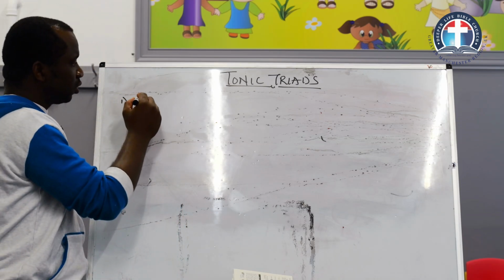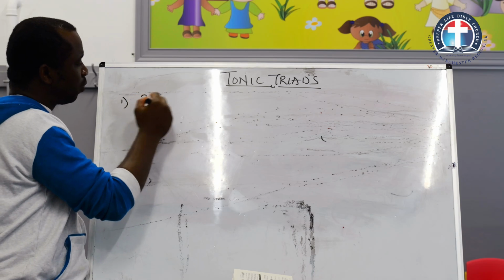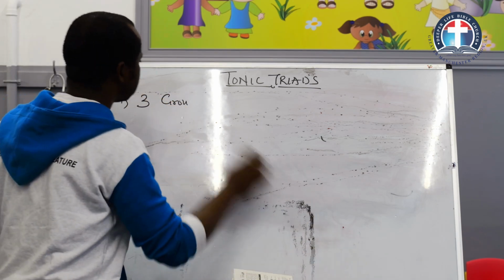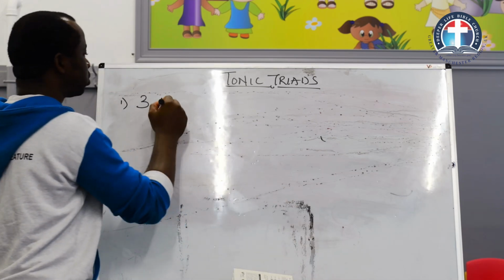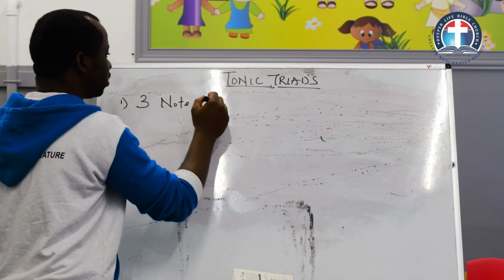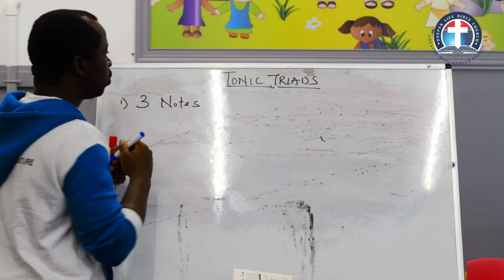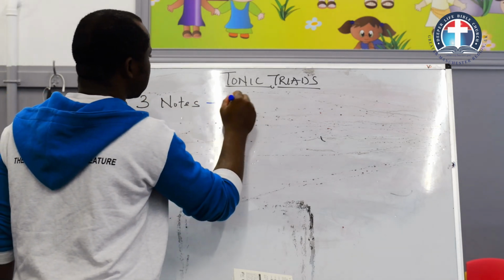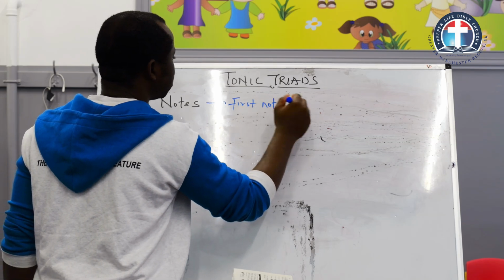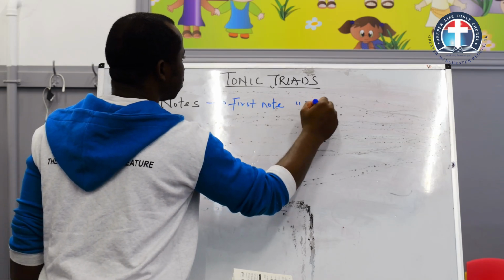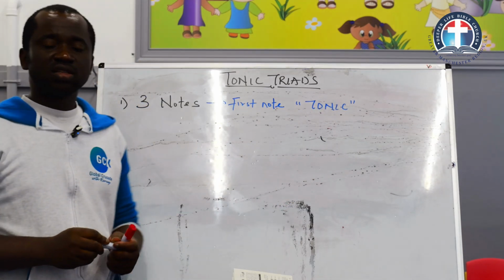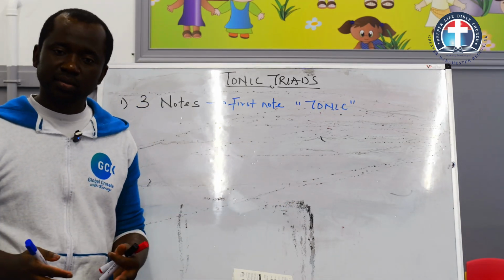That you will always have three notes. The first note out of those three will always be the tonic. That's why it's called the tonic triad.